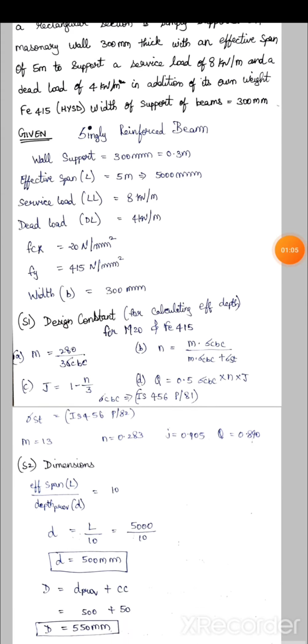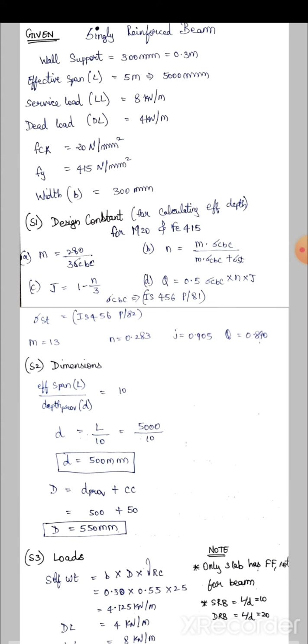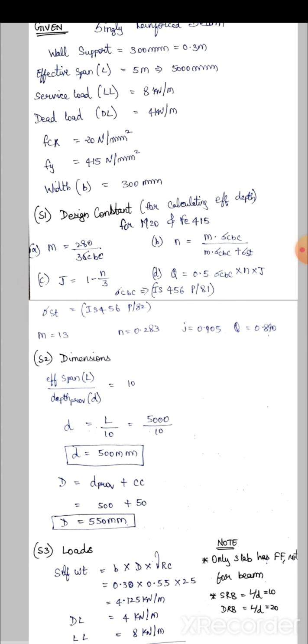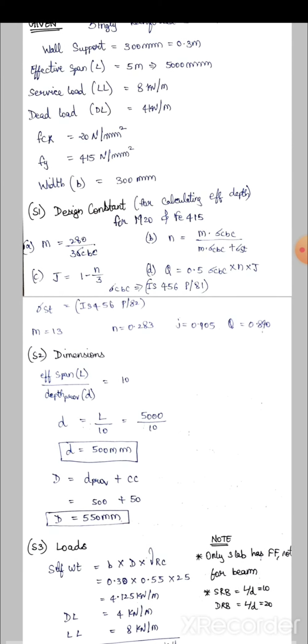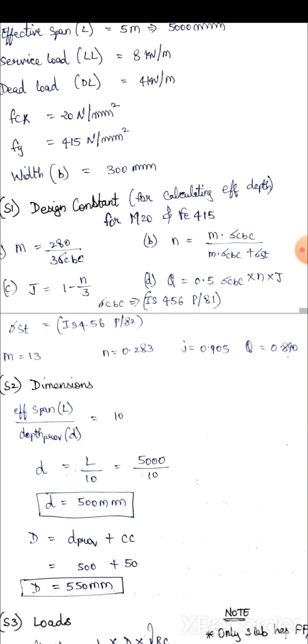Next step is design constant. This is for calculating effective depth. For effective depth, we require Q formula. So for calculating Q formula, we need M, N and J values.